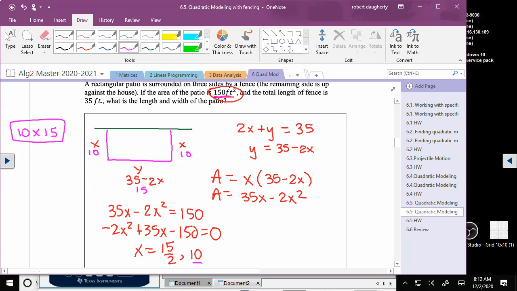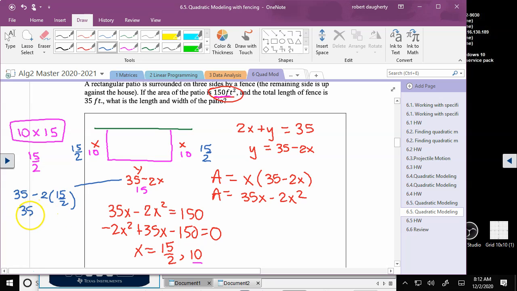Let's look at what happens if x were 15 halves. If you had 15 halves here and 15 halves here, then this remaining side would be 35 minus 2 times 15 halves.